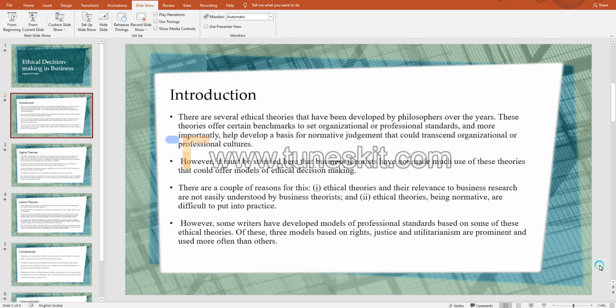Now, if we move ahead, it must be stressed here that business theorists have not made much use of these theories that could offer models of ethical decision making. We can see even within the theories there are some loopholes.